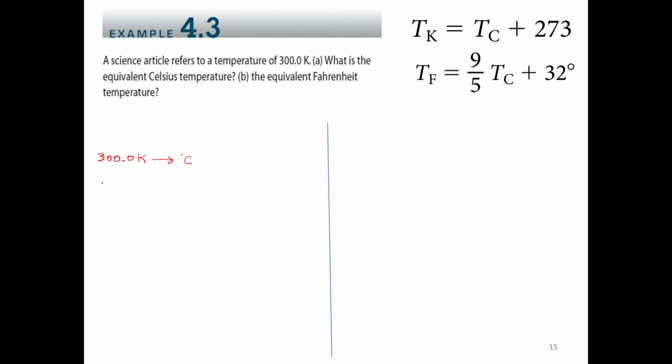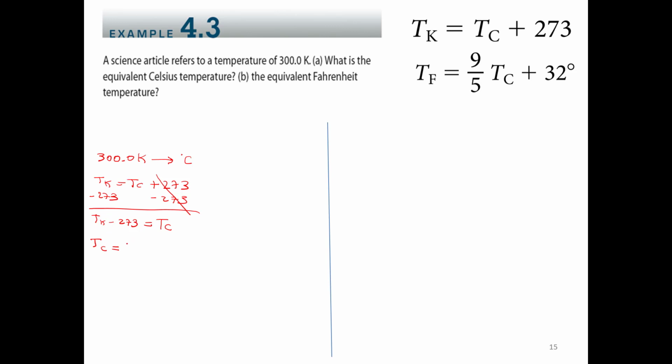We need to apply the first equation. Because we want to convert into Celsius, we need to solve for Celsius first. Then here we will have Kelvin, this. And now let's calculate.